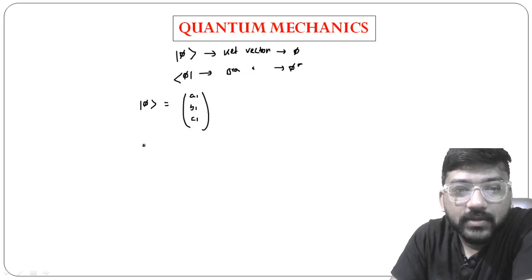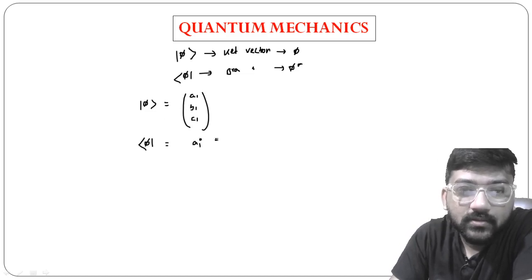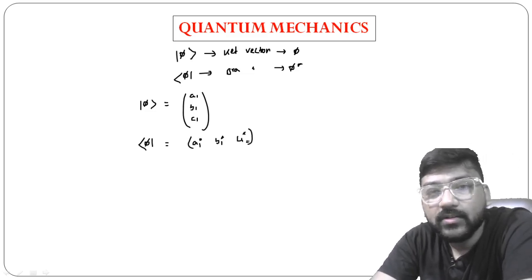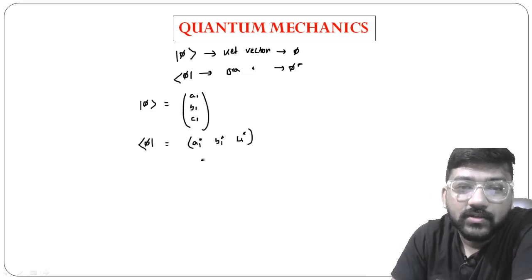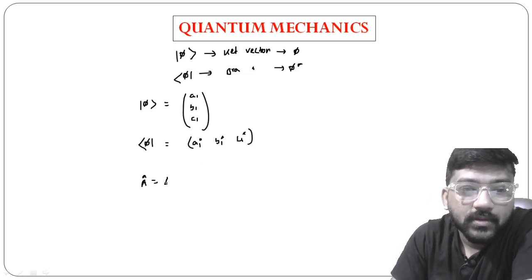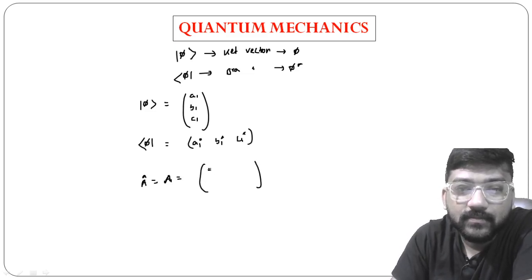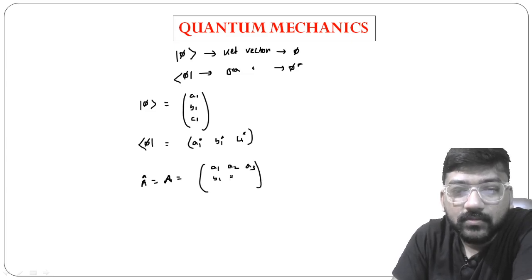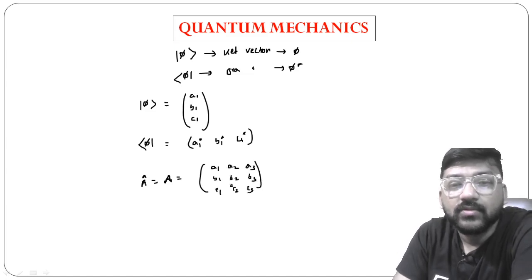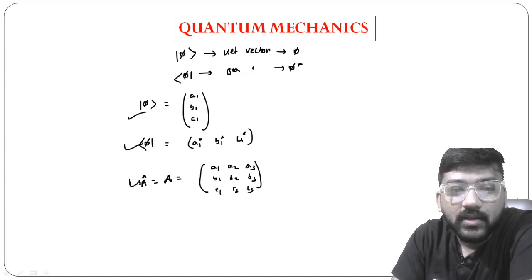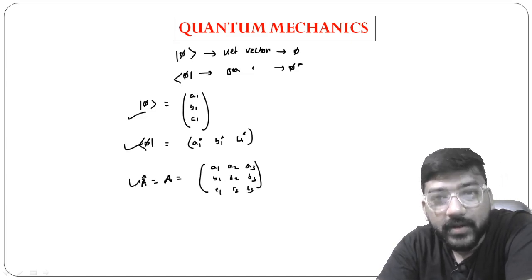So your bra vector should be written as a1 star, b1 star, c1 star, and this will obviously be a row vector. And the operator A can be written as a square matrix, something like a1 a2 a3, b1 b2 b3, c1 c2 c3. In this way we can represent this eigenvector and the corresponding operator.